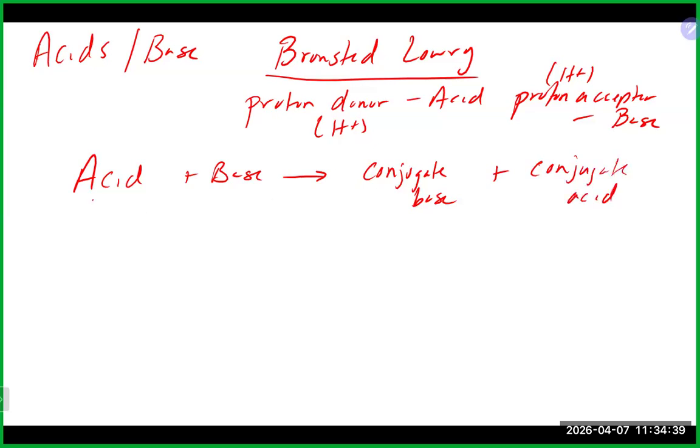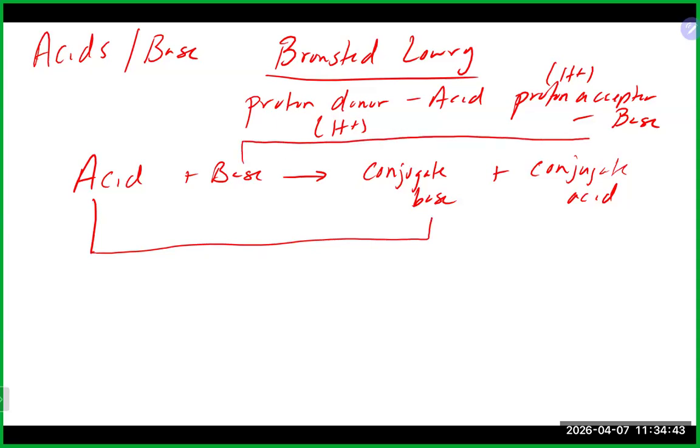And again, the relationship here: acid on one side, conjugate base on the other, and base on one side, conjugate acid on the other. And once again, the Bronsted-Lowry definition of an acid is that it's going to send our H plus over. So that one single H plus is the only difference that you could have in order for these things to be considered partners.